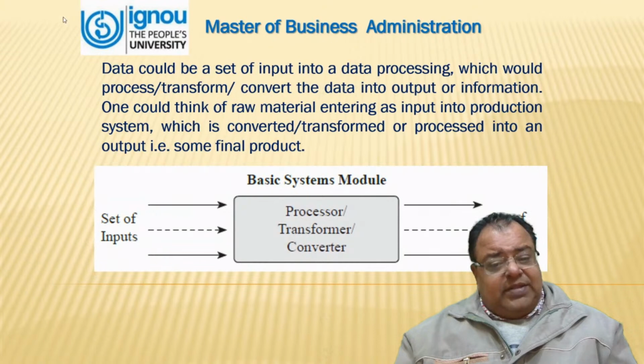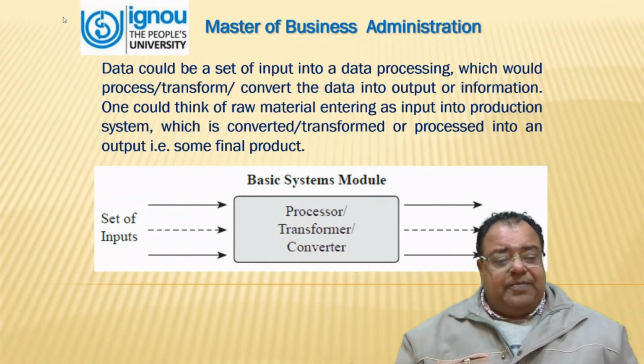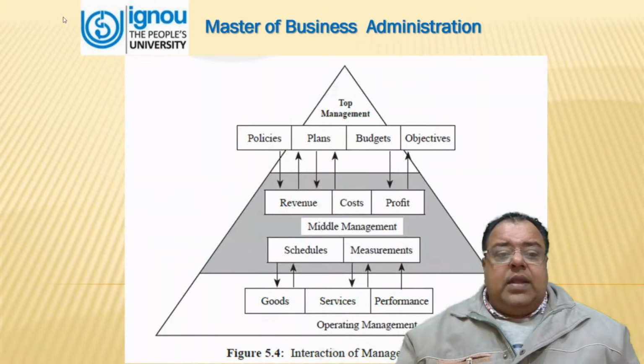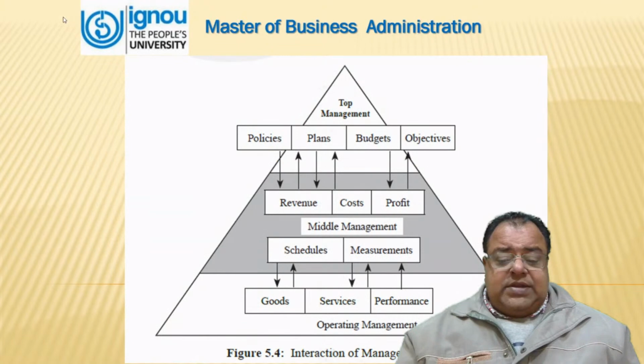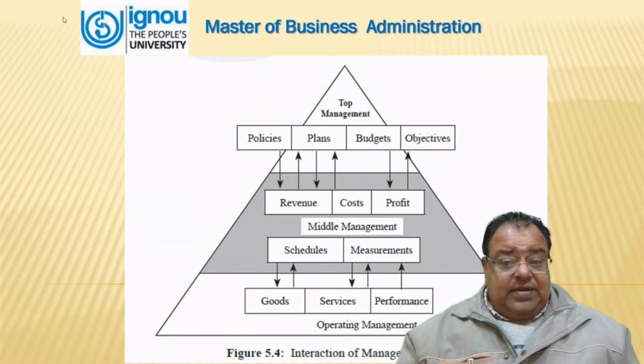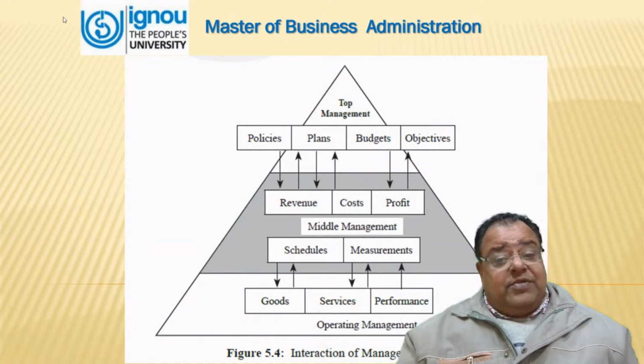This is what our production system is. We can see how interaction at the management level is done. Information has to be sent, received, and processed throughout an organization and at different managerial levels.